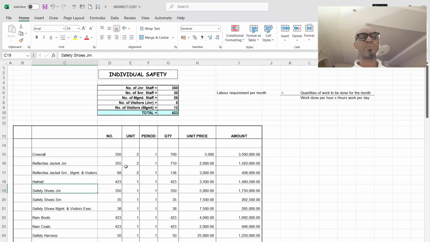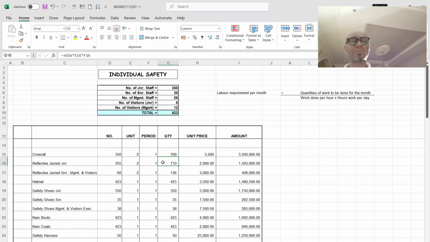So I now said, okay, I have, say, 350 workers that will be on site, and they are going to be given 2 units within this 1 year period. If they are given 2 units within 1 year, it will be 700 numbers of overall I need to sew at 5,000. I have this amount. The reflective jacket for junior, by the time you add the junior staff, that is the direct workers, and their visitors, you're going to have 555, and they're going to get two within the 1 year period.